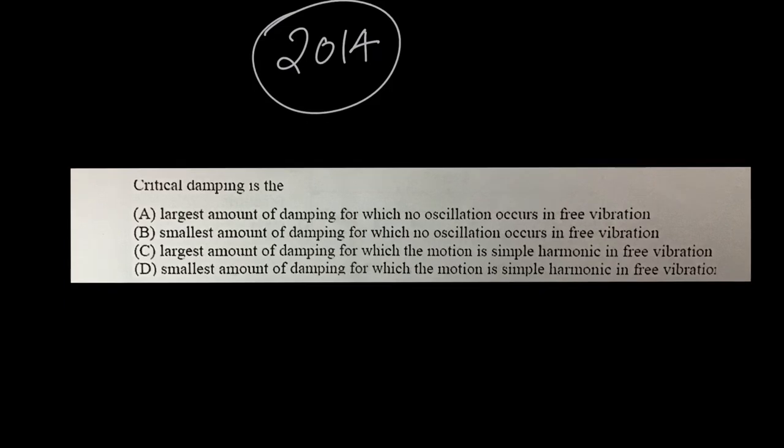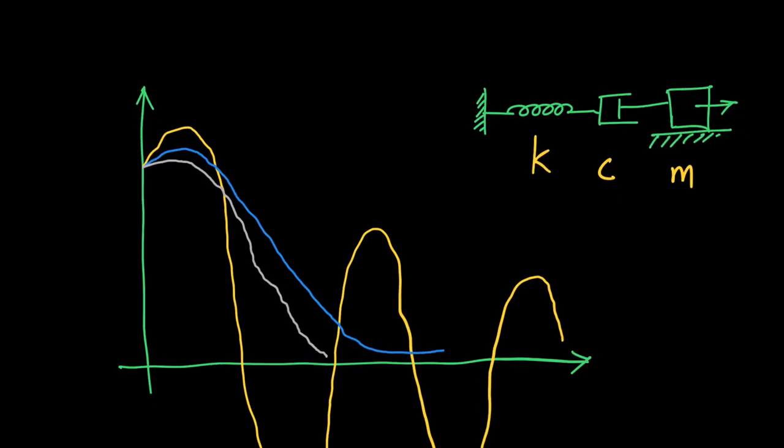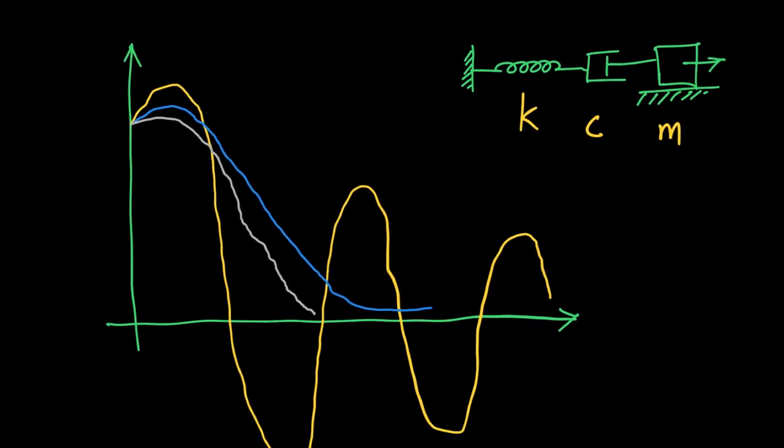So before we pick one answer, let's have a look at what we learned as part of single degree of freedom. This is coming from free vibration, in which we were talking about single degree of freedom systems with damping.